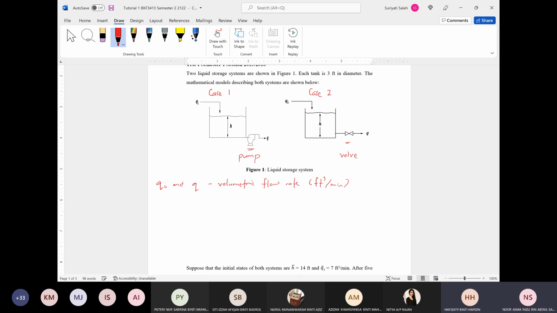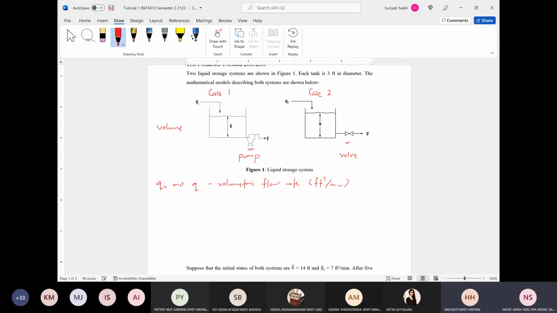In this case, the main variable that will change is your volume. The volume inside the storage system will change because here you have one inlet and one outlet. Depending on the value of your inlet flow rate or outlet flow rate, the volume inside will change accordingly.